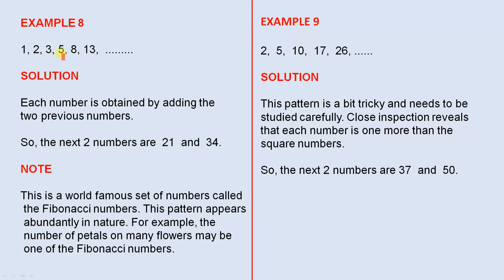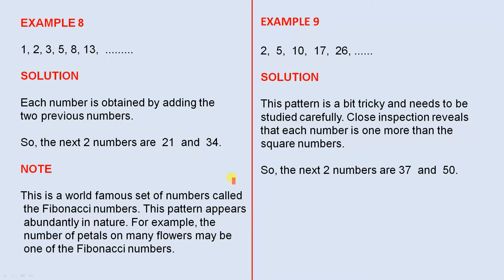To obtain the 5, 2 plus 3 is 5. To obtain the 8, 5 plus 3 is 8. And to obtain the 13, 8 plus 5 is 13. So each number is obtained by adding the 2 previous numbers, so the next 2 numbers are 21 and 34.